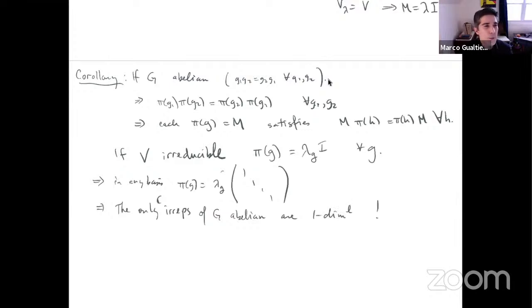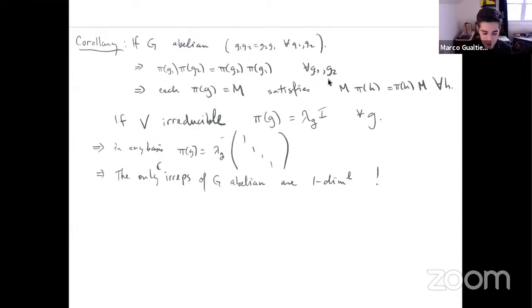So any abelian group has only one-dimensional complex representations. Okay, so let me give an example of such a thing.